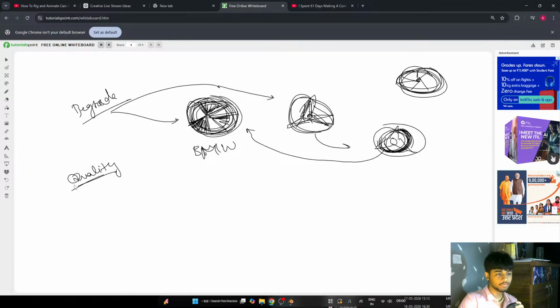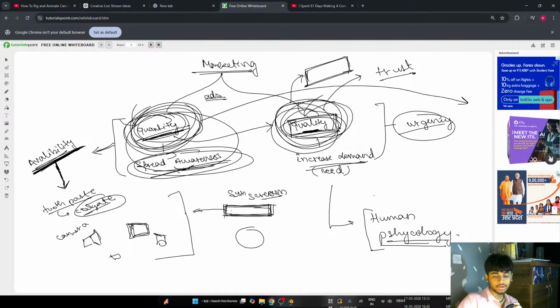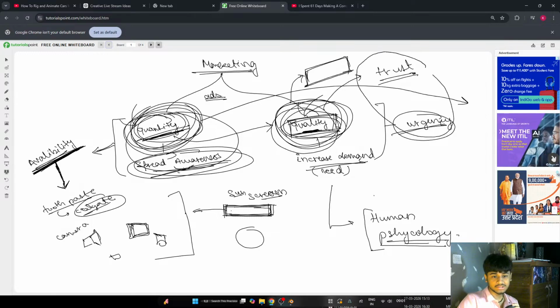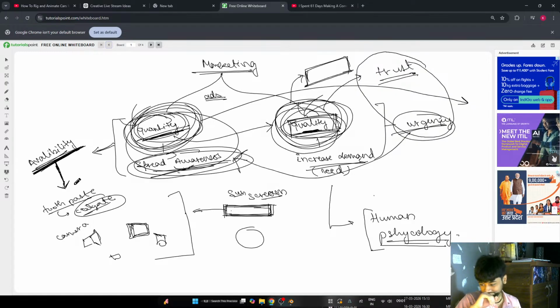So if someone really wants to focus, it's not just that you need to focus on quantity, it's not just that you need to focus on quality, because spreading awareness might be the first step, but increasing the demand and the trust and urgency is very important and plays a very important role. And this trust and urgency can only be achieved when there is awareness with people.